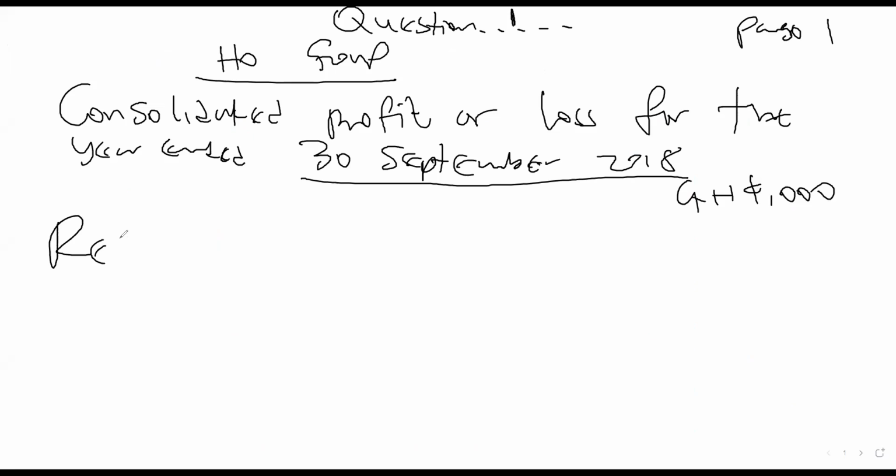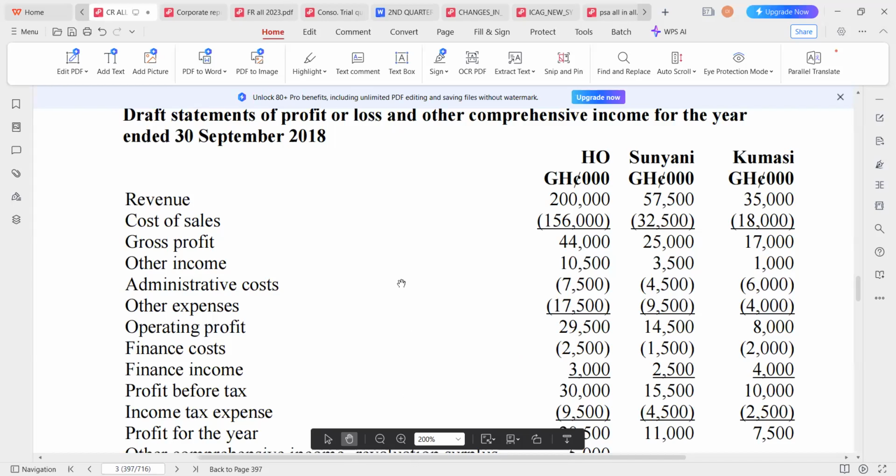So open your revenue. The examiner's 200 plus 4 of Sunyani. Sunyani's own is what? 57,500.